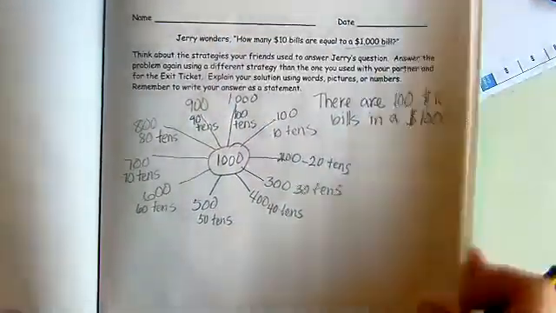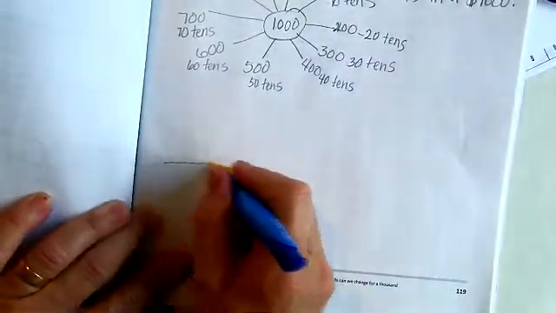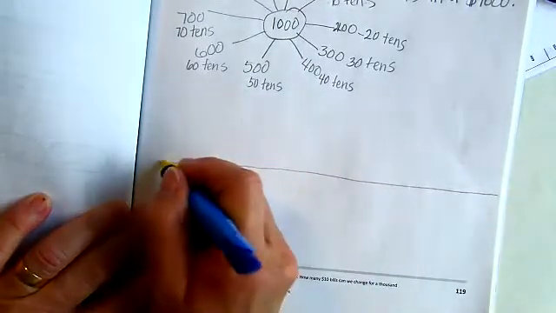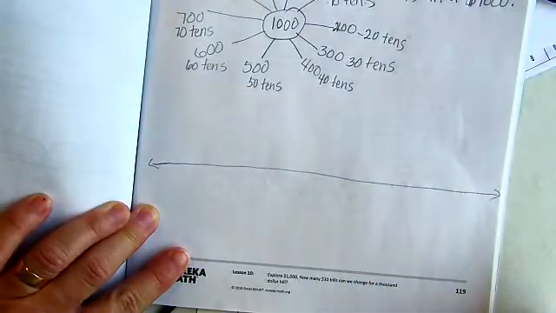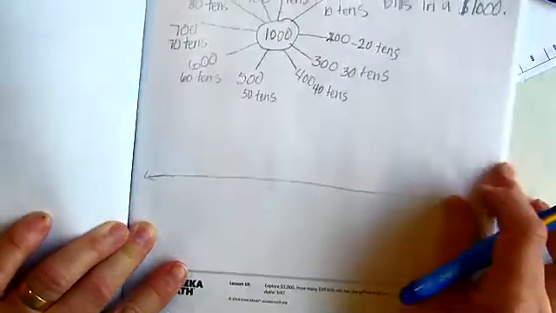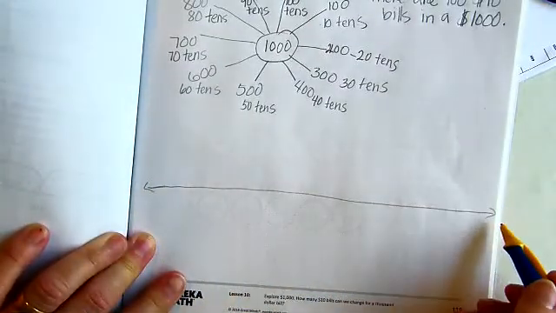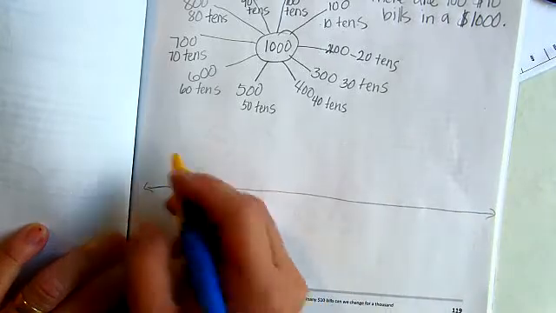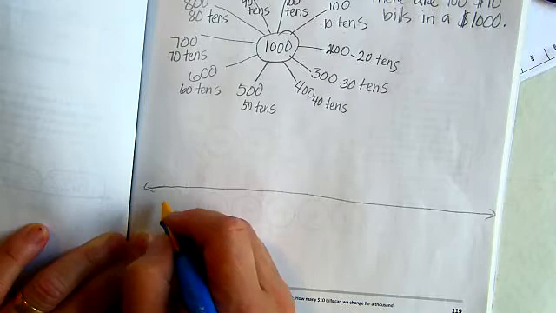So I'm going to show you one other way to do it. We're going to do it on the number line together. So I'm going to draw a number line. I need it to be kind of big. Remember yesterday I had trouble on the number line. I am going to, again, count by 100s, but knowing that they are in fact 10 tens.